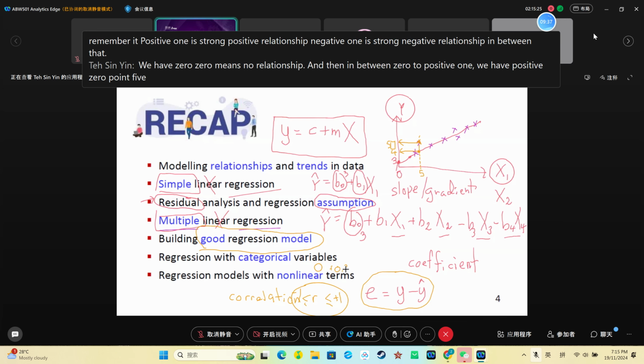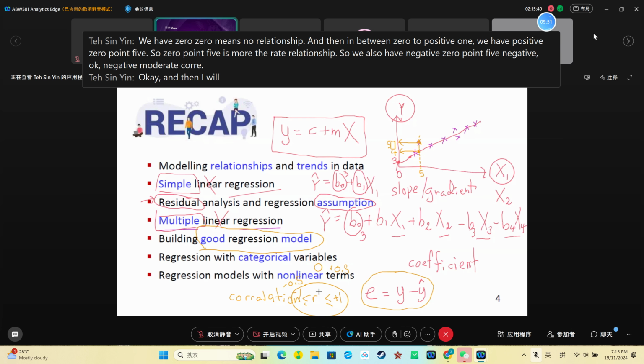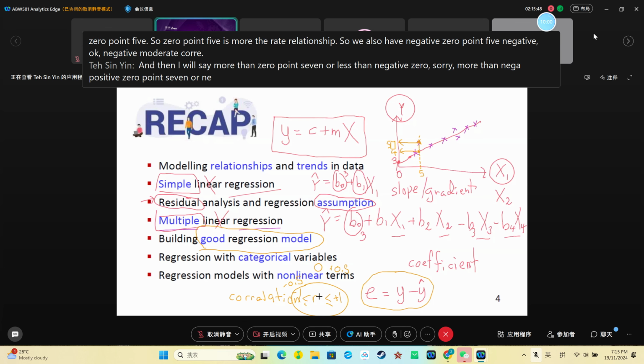In between 0 and +1, we have +0.5. So 0.5 is a moderate relationship. We also have -0.5, negative moderate correlation. And then I will say more than positive 0.7 or less than negative 0.7 is considered strong correlation.